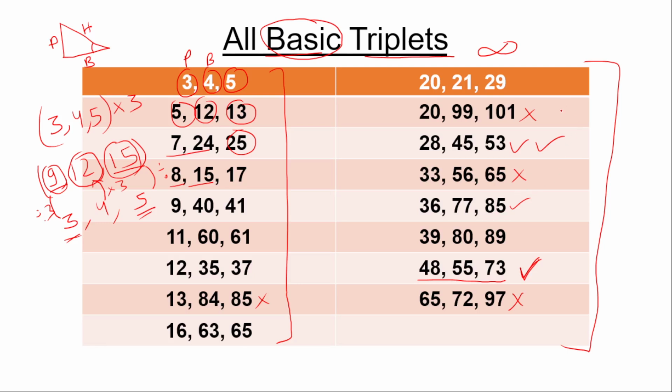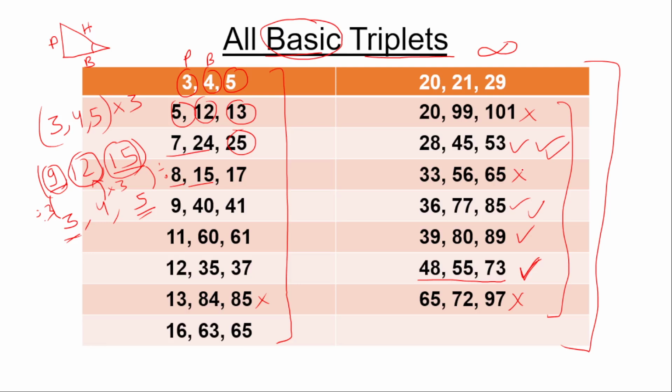These bigger numbers were not being asked 2-3 years ago, but now they are being asked a lot. So you should learn all the basic triplets, so that you don't have to worry that you have not learned a triplet that may appear in the question.